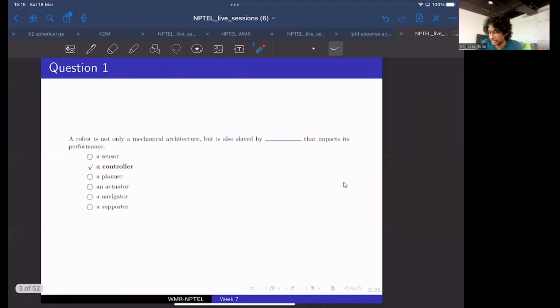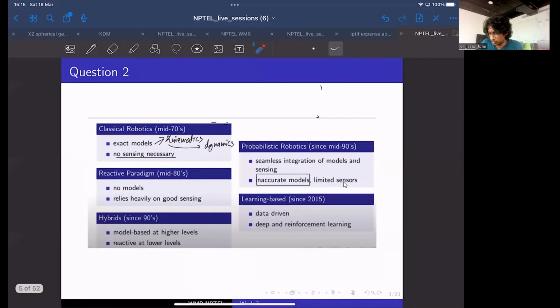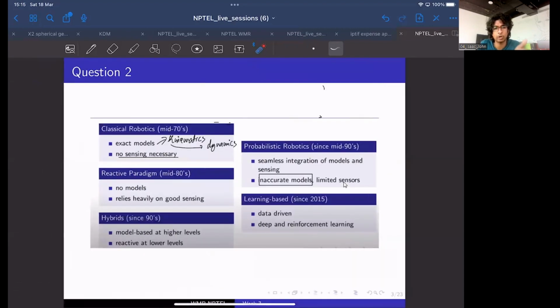But in the case of a reactive paradigm, whatever is happening in the controller does not depend on models. It only depends on the feedback, on the sensors. I hope that is clear. By model, I mean, for example, in the case of a kinematic model, eta dot would be J of psi into theta. This is what we have in terms of kinematics. And in terms of dynamics, tau would be D of zeta dot plus N of zeta. This is kinematics, and this is dynamics.